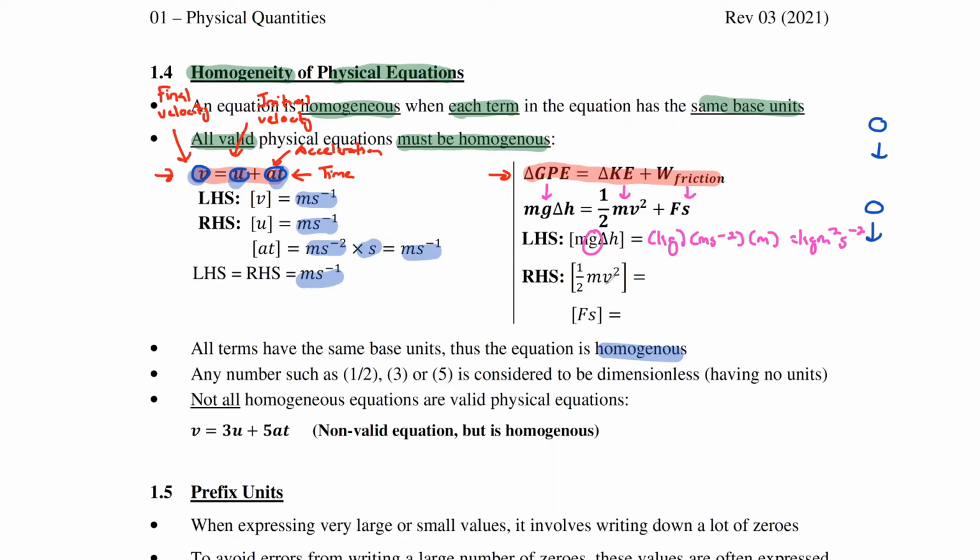Now we move on to the right-hand side of the equation. When you want to analyze the units for half mv squared, you know that mass has unit of kg, velocity has unit of meter per second, but how about the half here?